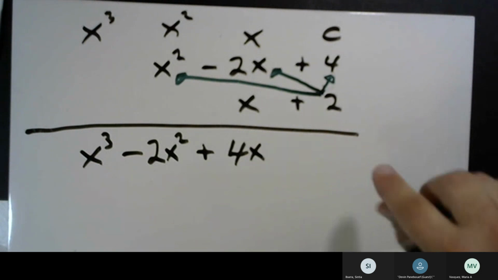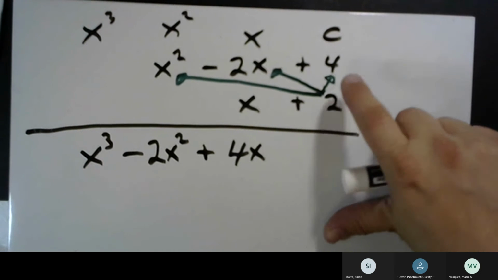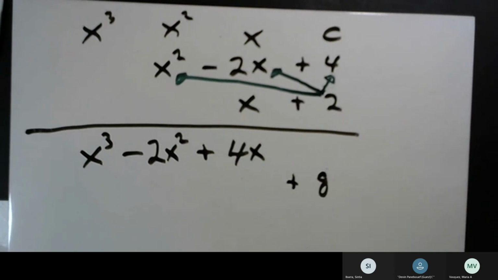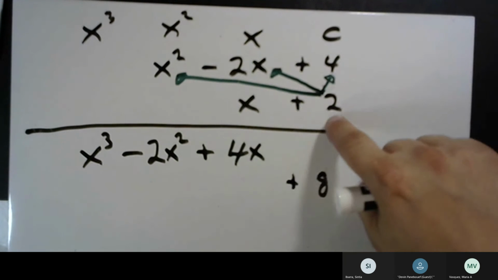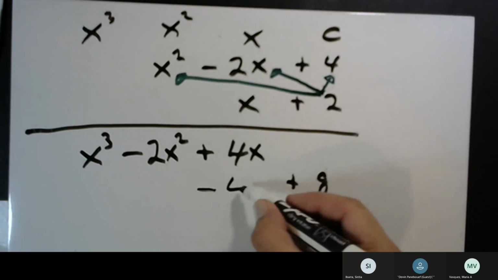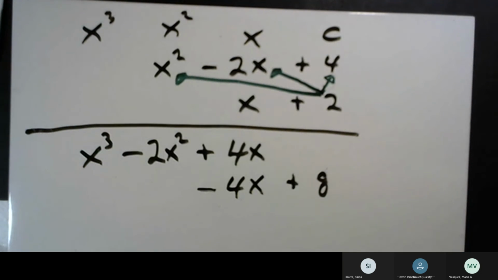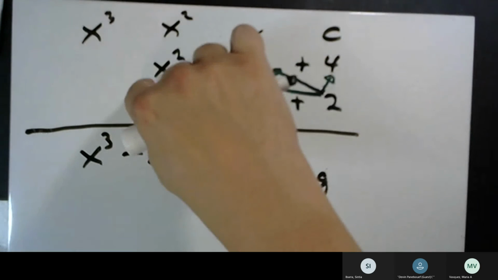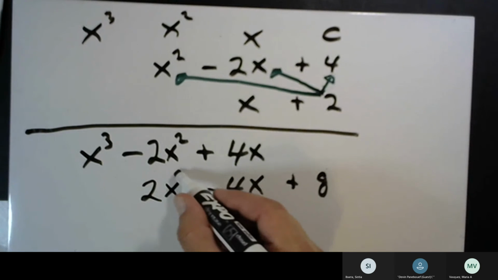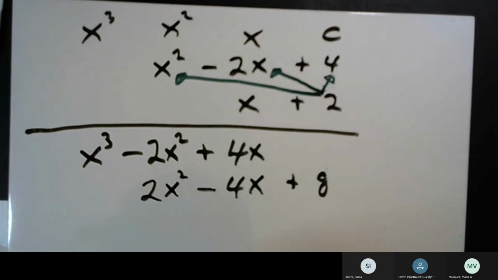Now, when we do that, 2 times 4 is 8, so this goes in the constant column, and it's a positive 8, so we'll put a plus. 2 times negative 2x is negative 4x. 2 times x squared is 2x squared. And then we're done. There are no other terms to multiply.